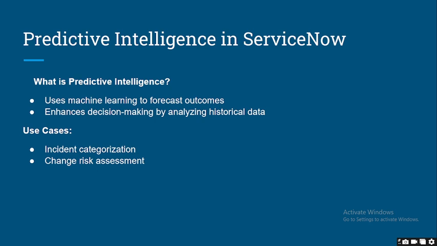We use machine learning to forecast outcomes and enhance decision making by analyzing historical data. As I mentioned, we can use it for incident categorization and change risk assessment. We can also use it in the CSM workspace for showing similar cases, open major cases, and closed cases. All of those predictions we can make using predictive intelligence in ServiceNow.